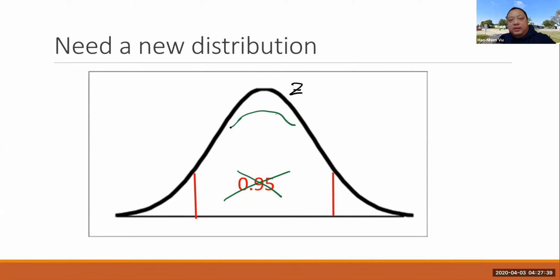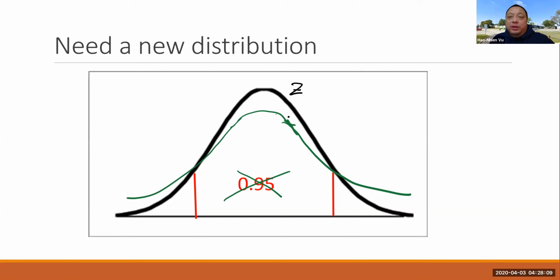And because the area of the whole graph has to be 1, when you have less area in the middle, you have more area on the outside. What we need is a distribution where it looks like the Z distribution, except that it's shorter in the middle and thicker on the tails.